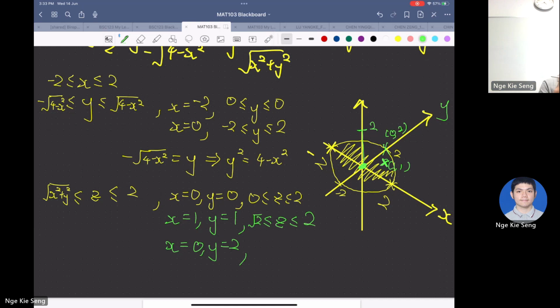Okay, good. How about at the boundary point 0 2? What is Z bounded by? Bounded above by 2, bounded below by what?